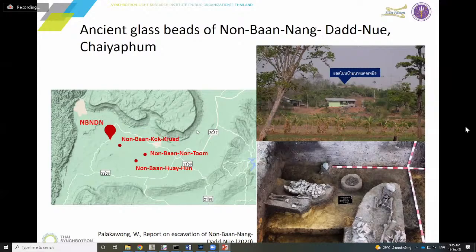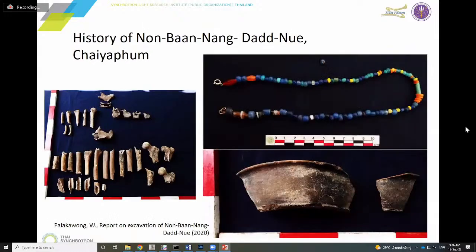This is from around this area in Thailand, about 200 kilometers away, and the geographical site is like this. So we have 4 archaeological sites, and if you dig down in the ground, you can see the ancient cultures at this site.